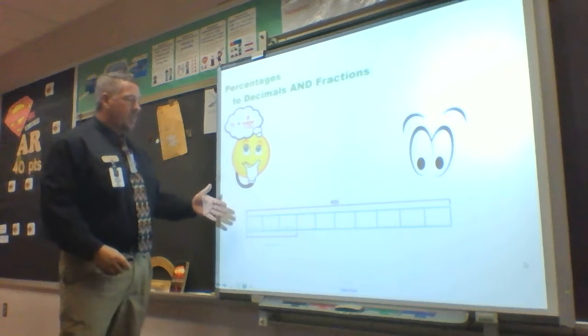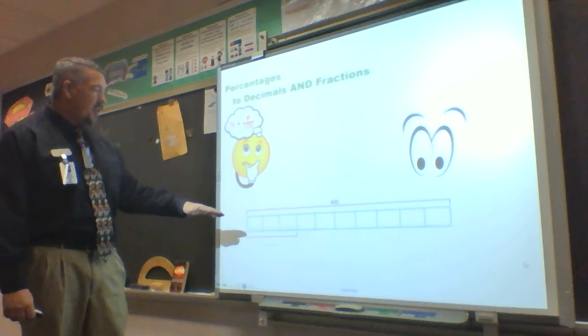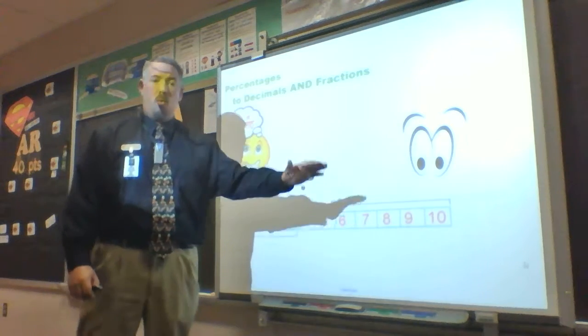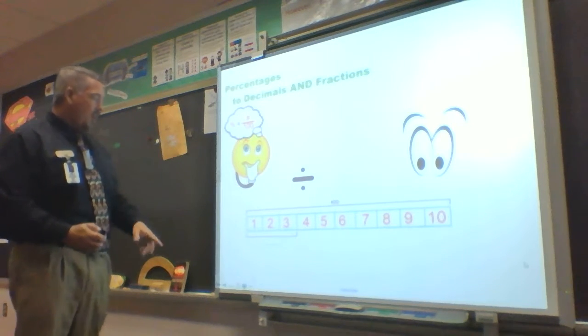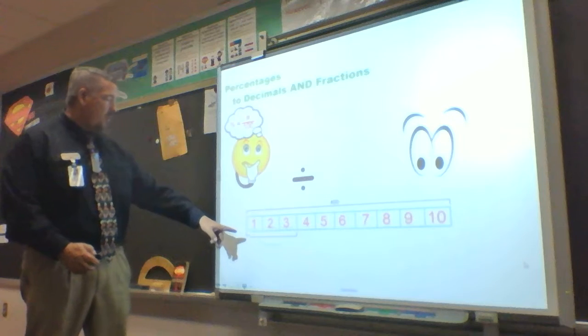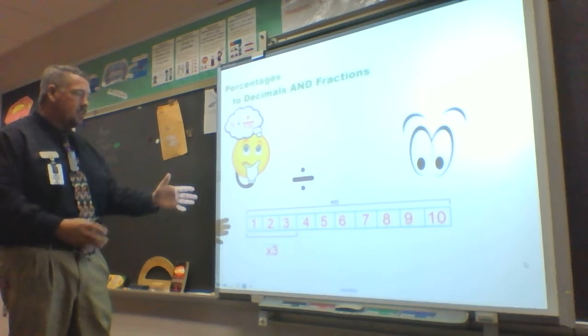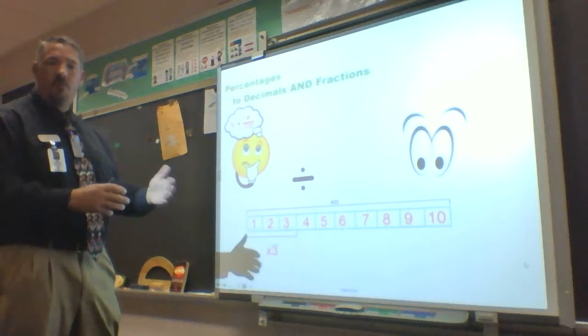So when I look at this, what I have is 400, and notice I'm dividing it into equal groups. I'm dividing it into 10 equal groups. And on the bottom it's showing me I'm only using 3 of those. So if I put it into 10 equal groups, I know each of those is going to be worth 40.